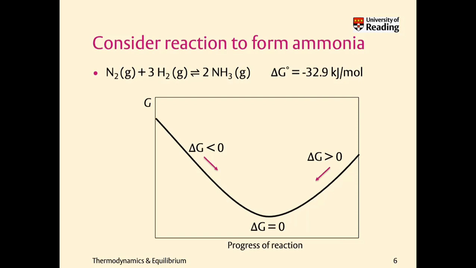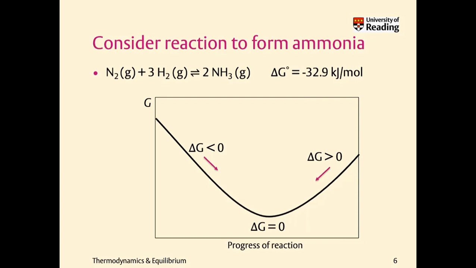If we think about how Gibbs energy changes during that forward reaction in the formation of ammonia, we see that we get a decrease in G as we go towards that minimum point, and then we see that G, the Gibbs energy, increases.